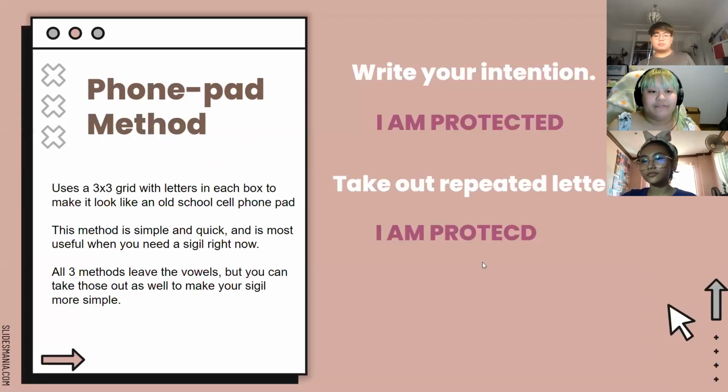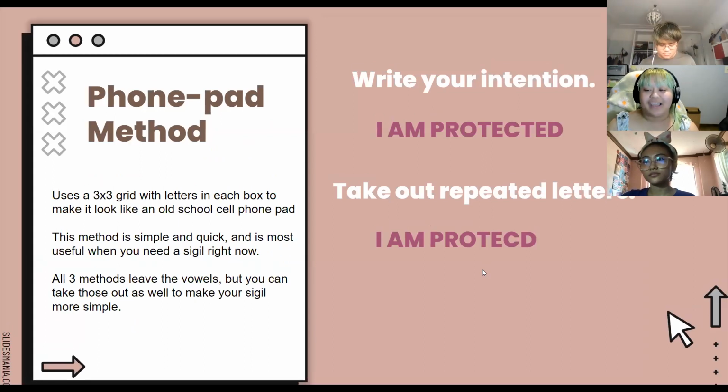The first one, the phone pad method, uses a 3x3 grid with letters in all the boxes. So it kind of looks like an old typing pad on an old cell phone, like from the early 2000s. This one is really simple and quick, and I think it's most useful when you need a sigil right now.